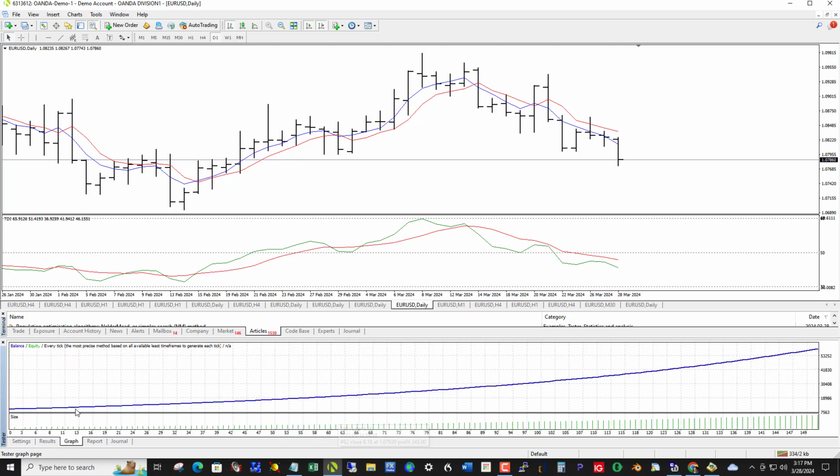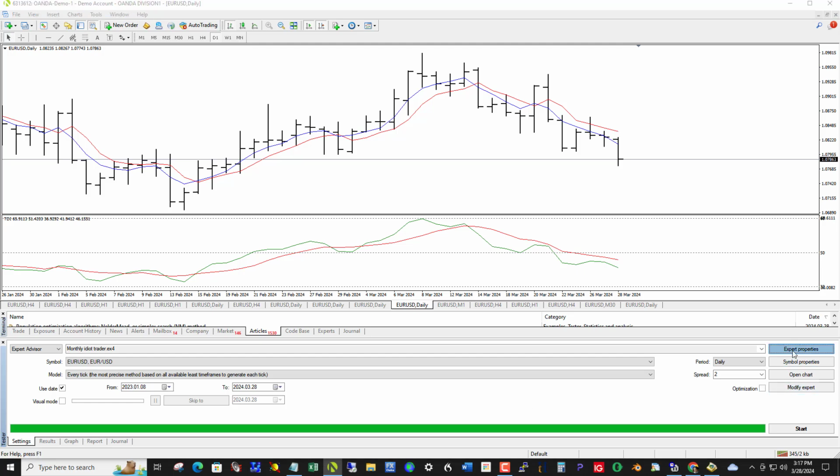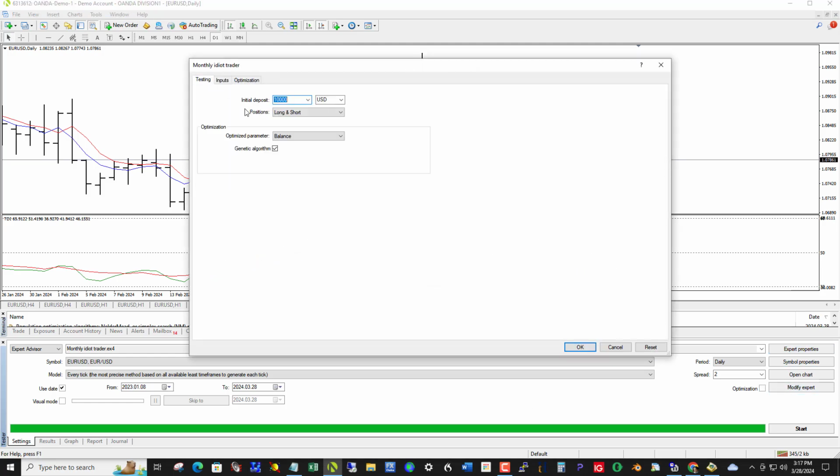And we have a perfect curve here. Even with such little gain, 3.1 pips on a daily bar, notice that the balance is over $53,000, starting with a balance of 10. Let me show you that. So our initial deposit is 10,000.